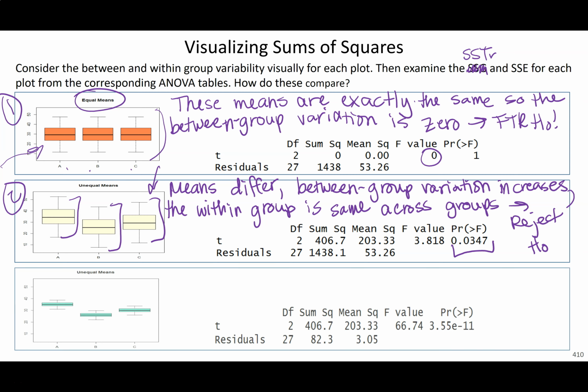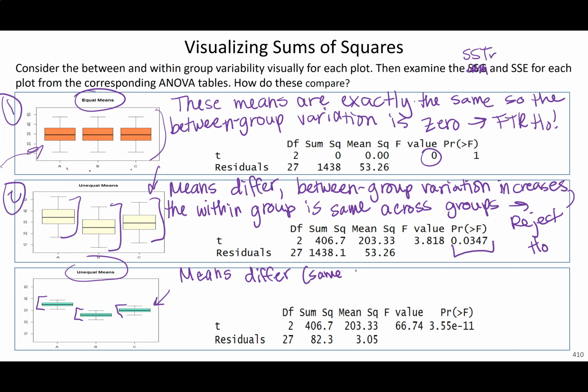And then, unequal means. So not only are these means not equal, the variability within each group has become a lot smaller. So means differ.